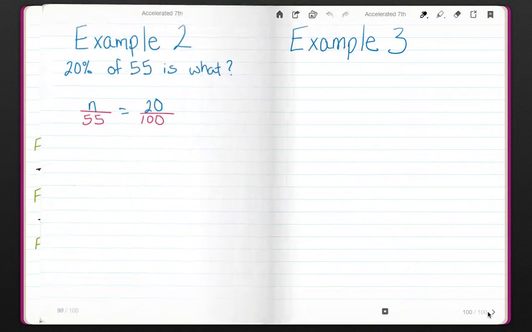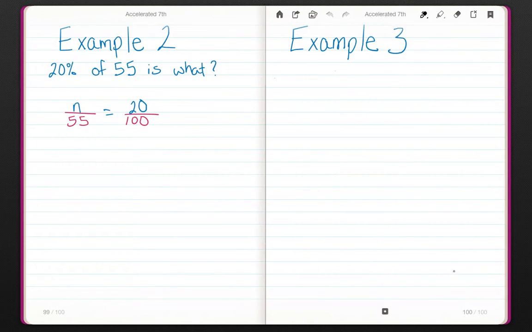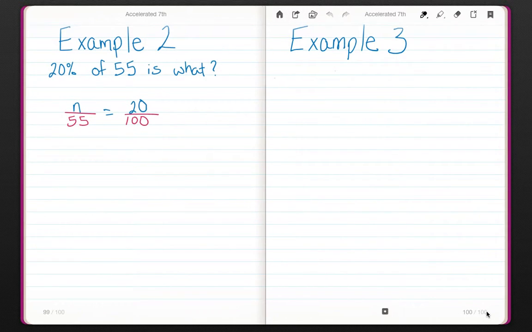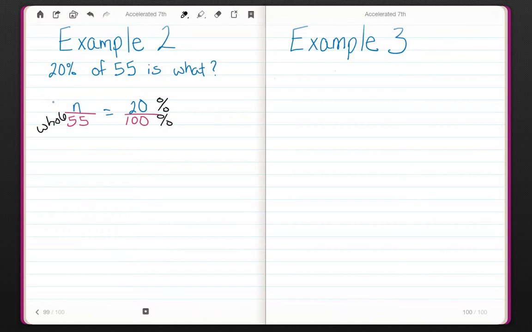Okay, example 2. 20% of 55 is what? So this time we're going to be finding a part. Okay? I know 20% because it tells me 20% of 55. That indicates my whole. I know the whole is what? What part am I looking for?